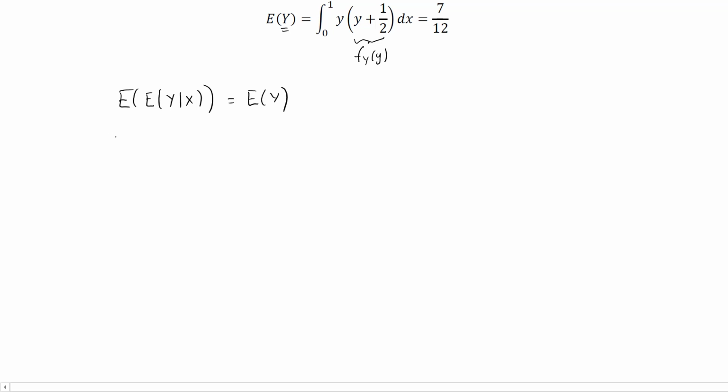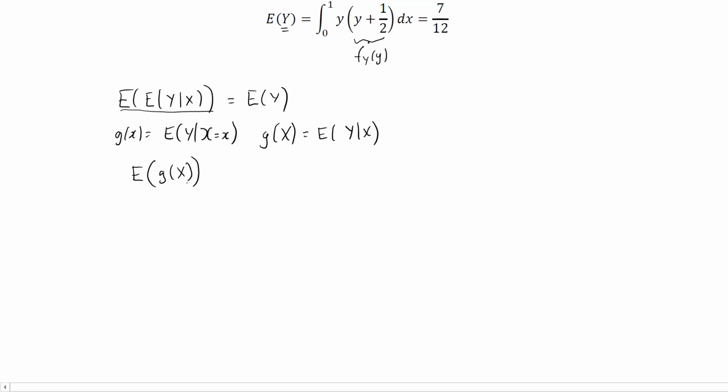Our notation here is that g of x is the expected value of y given x equal to lowercase x, and g of X is the random variable E[y given X]. What we have here on the left hand side is simply the expected value of g of X. We have a general formula for figuring out the expected value of a function of a random variable.